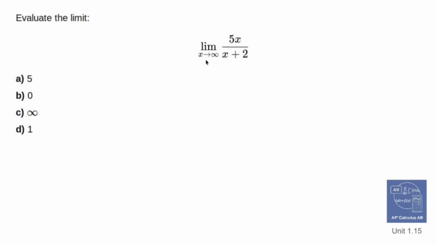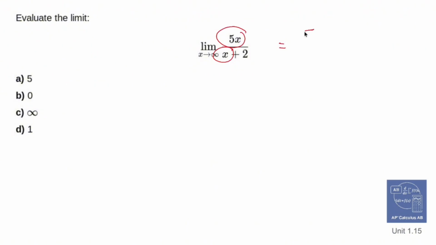Evaluate the limit as x approaches infinity of 5x over x plus 2. If you're in AP Calculus here in 2024, you probably took AP Pre-Calculus, so you should be familiar with this. Whenever you take the limit as x approaches infinity of a polynomial over a polynomial, you circle the leading term in the numerator, you circle the leading term in the denominator, and you simplify just those.